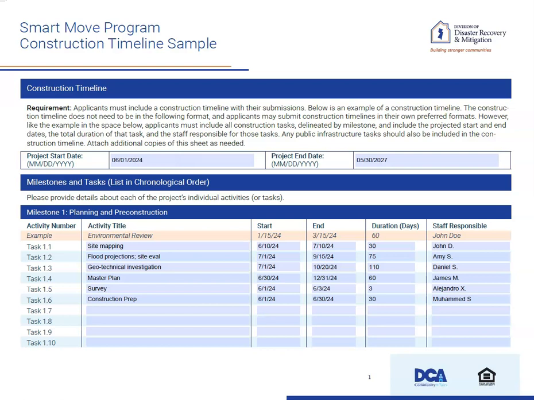However, if providing their own format, applicants must include all construction tasks delineated by the milestones set in this template, and at a minimum, include all of the same details in their schedule, including projected start and end dates, projected duration of each task, and those responsible for that task or subtask.